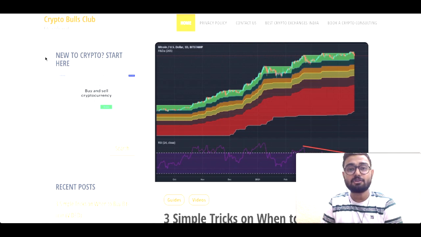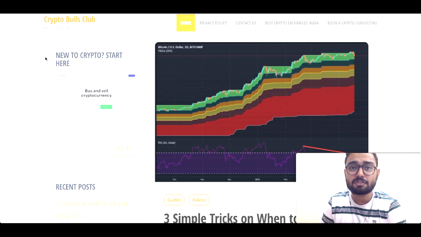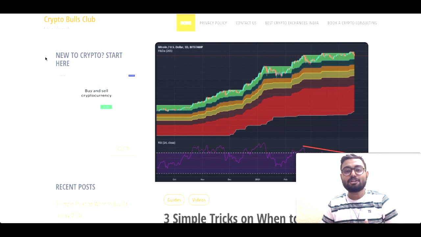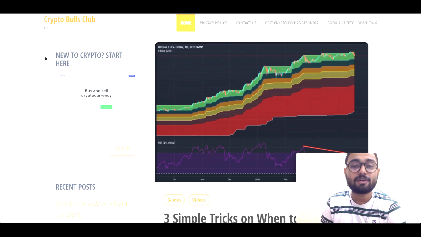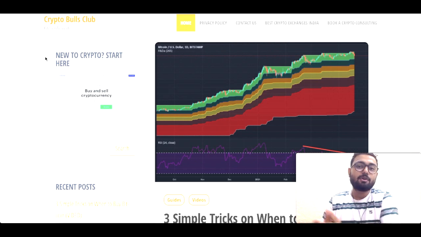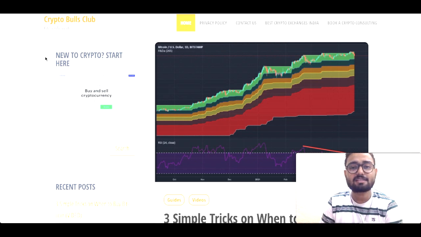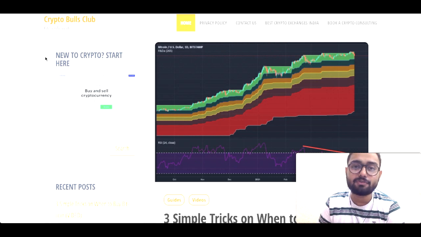And when it was actually around 400% or 300%, people were asking me whether we should enter into SafeMoon at this point of time. Now, my suggestion to them was obviously no, because the risk to reward ratio is very high. The risk is very high as compared to the reward that we might be getting from SafeMoon or any other coin for that matter at a position when it has already pumped by over 400%.